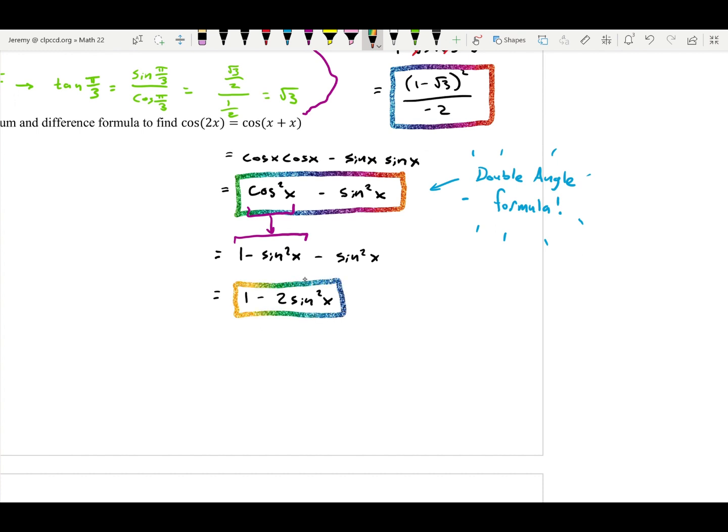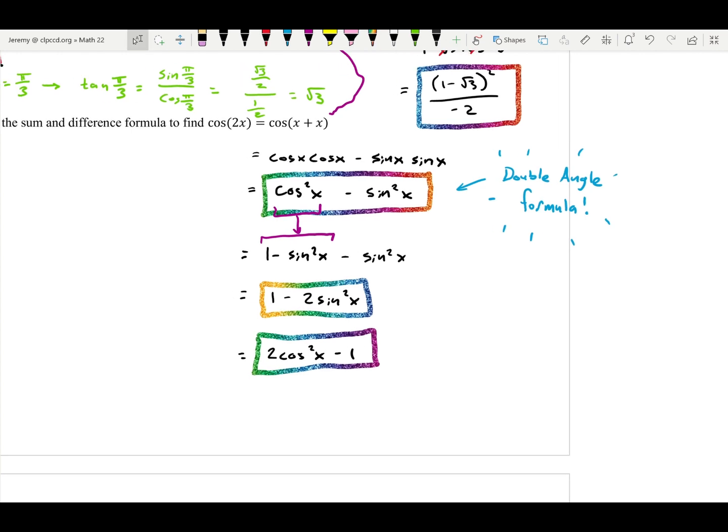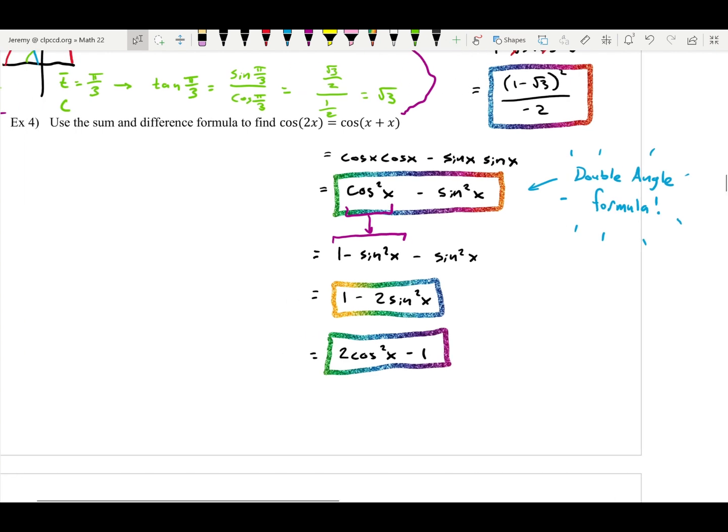And there's one more alternate version that we see sometimes, and it comes from replacing the sine squared x with 1 minus cosine squared x. The last form is 2 cosine squared x minus 1. So these are just 3 different ways of expressing the same formula for cosine 2x.